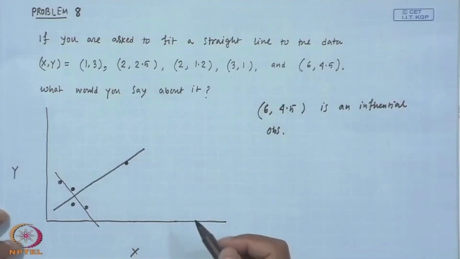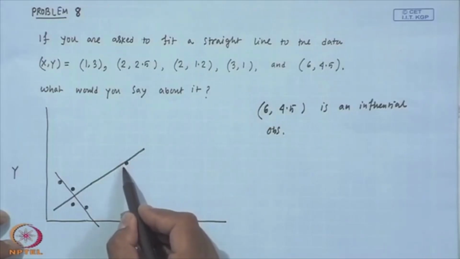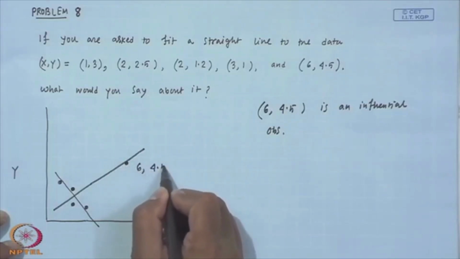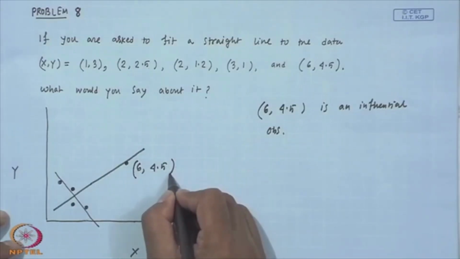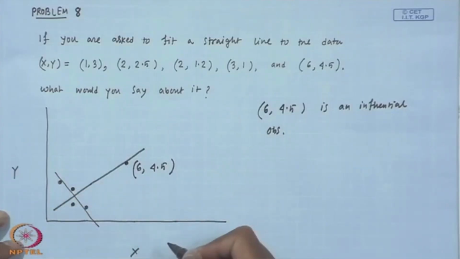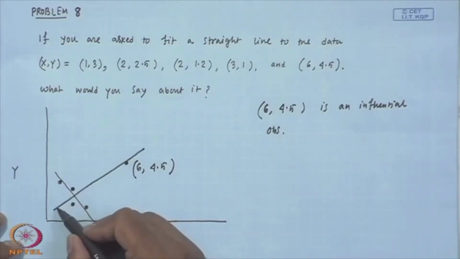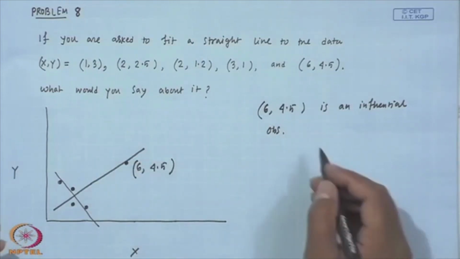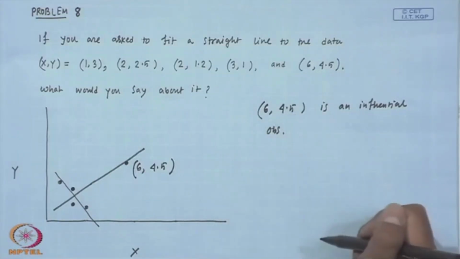Okay. So, that is the problem with the influential observation. Without this point, 6, 4.5, the fitted model has negative slope, and with this point the fitted model has a positive slope. So, this clearly says that the point 6, 4.5 is an influential observation.